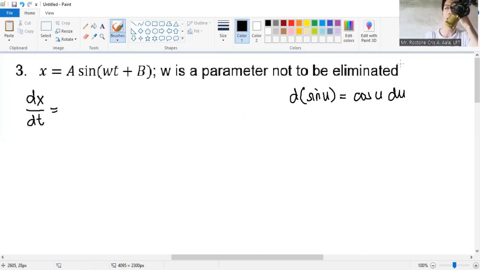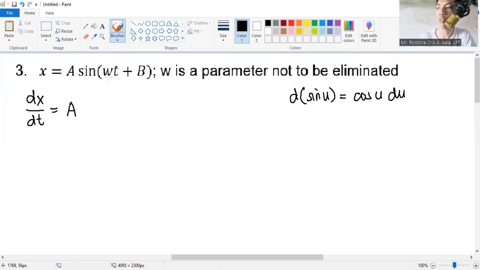So yun yung kanyang derivative, that is cosine u du. So chain rule ito ha. So ibig sabihin kung ano yung nandun sa loob ng parenthesis or yung pinaka-u natin, kukunin pa rin natin yung derivative niya. So dito meron tayong constant na a, so ilalabas muna natin 'yan. Then get the derivative of the sine u, the sine wt plus b.